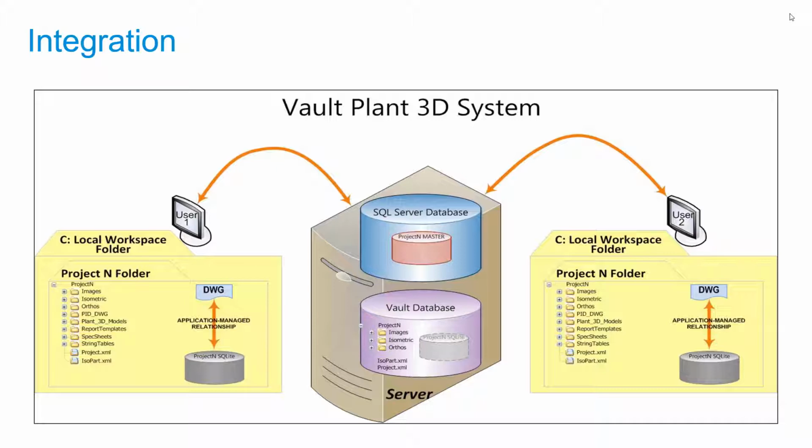We have user 1 and user 2 here. They all have their local workspace folder, meaning the whole project copied on their local machines. And then we have two databases: the SQL Server one for the Plant project master, and the Vault database for the data management, which is also another SQL Server instance.